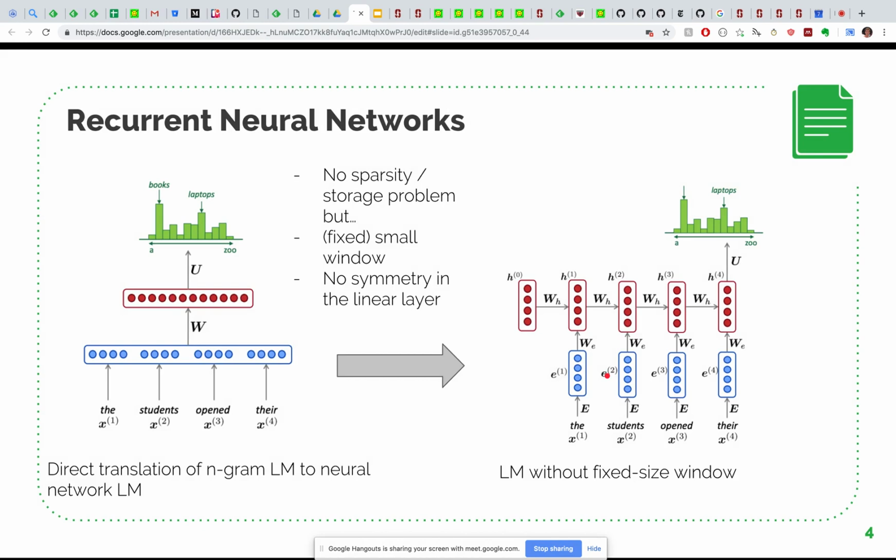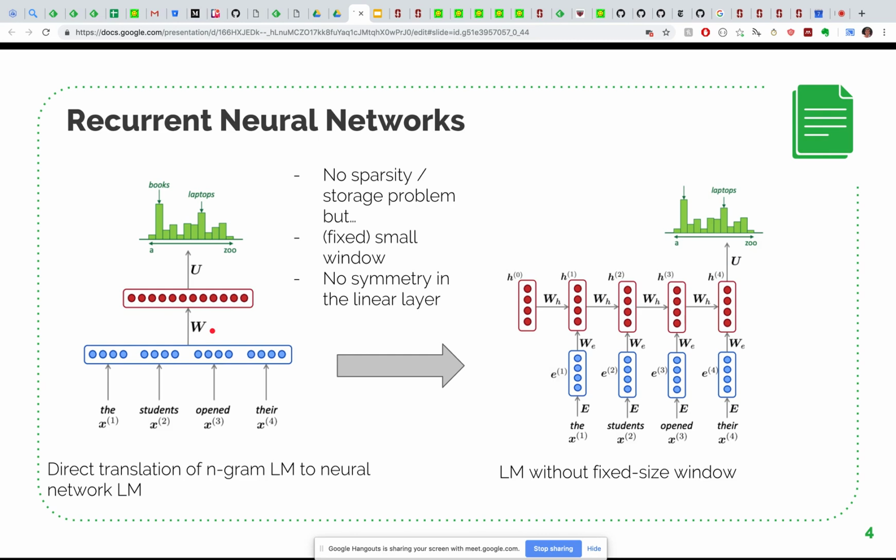To avoid this problem of sparsity, the direct application with neural networks is to still use a fixed size window. For example, we take 4 tokens. We take their word embeddings, which can be pre-trained, you concatenate these embeddings, and then use a linear projection to get the distribution of the next words.